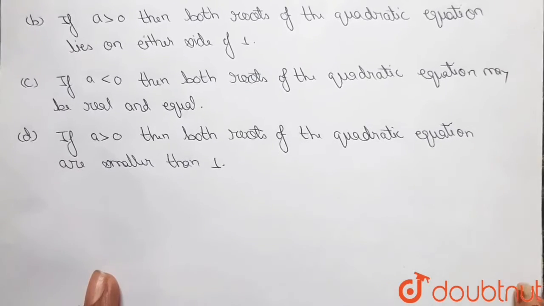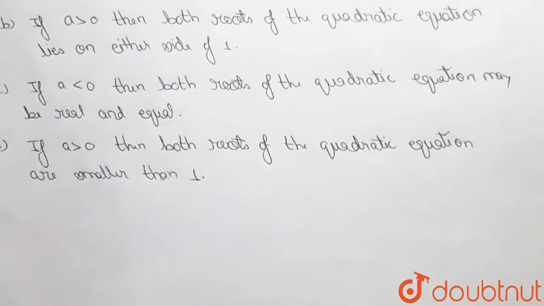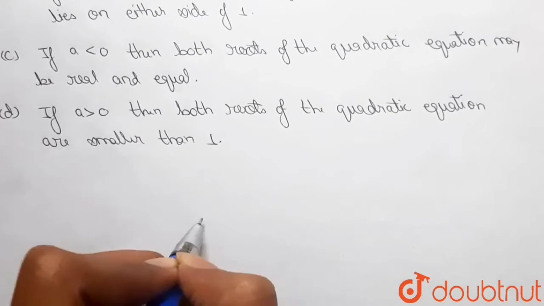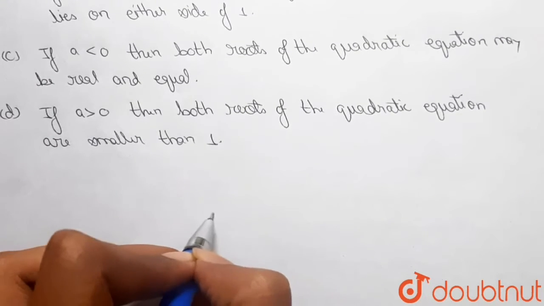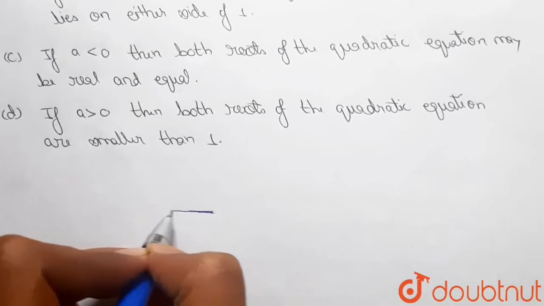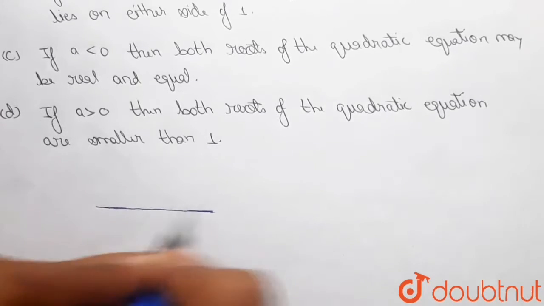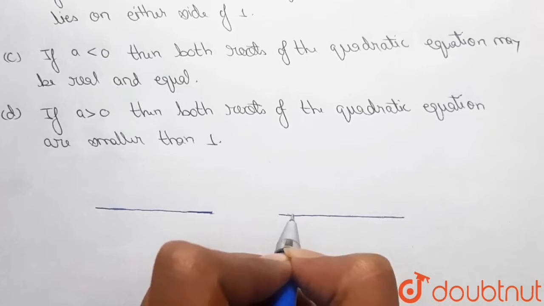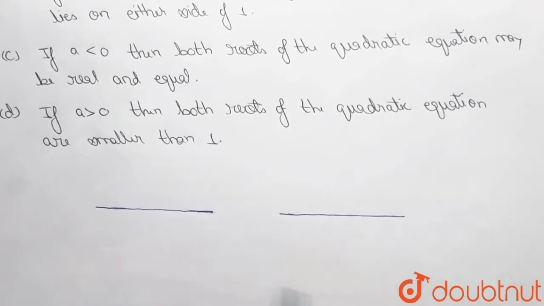Okay, so let's start. Let me tell you some important properties of quadratic equation. So the nature of the parabola or the quadratic graph depends on the sign of a, that is the coefficient of highest power of x, right?